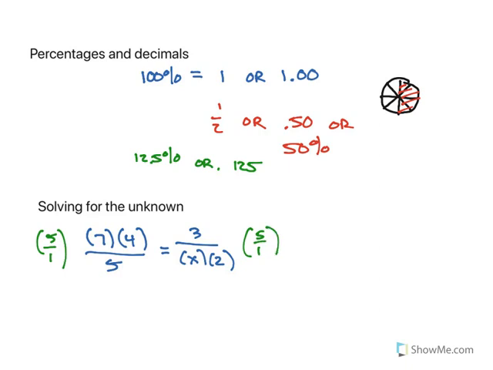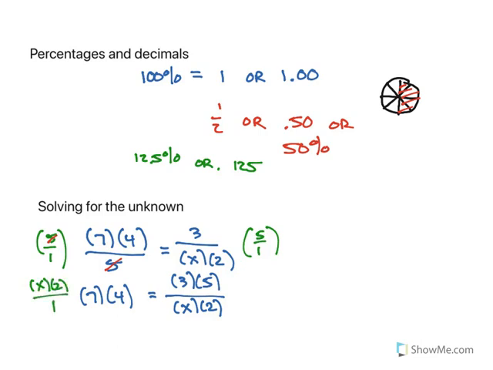And what that's going to do for me is get me to 7 times 4 equals 3 times 5 over x times 2. The next thing that I'm going to do is multiply both sides of this equation by x times 2 over 1.